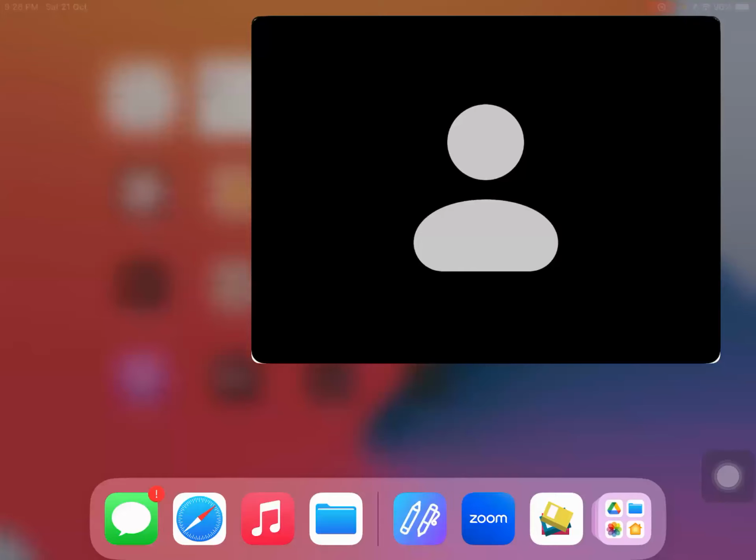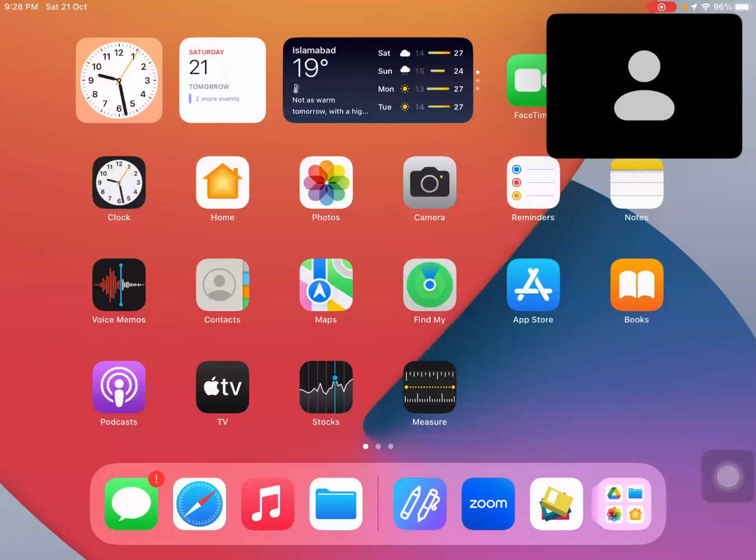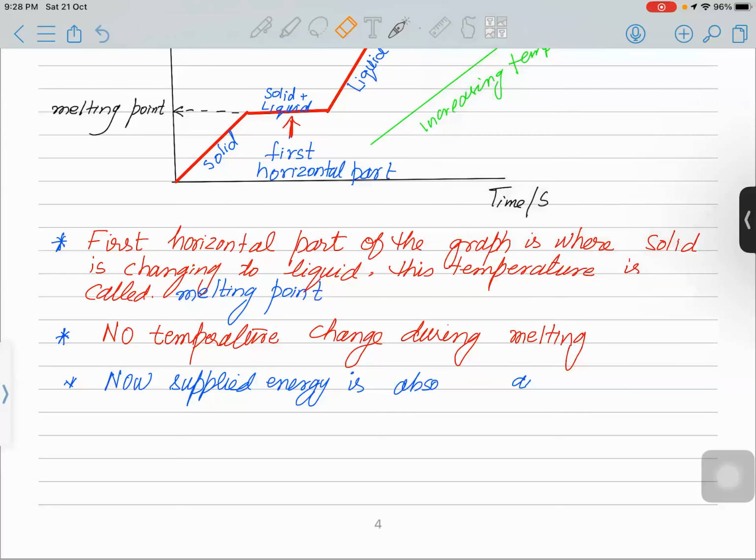Yes, we are on this point. Now the supplied energy is absorbed and utilized to convert the state from solid to liquid. Solid to liquid.